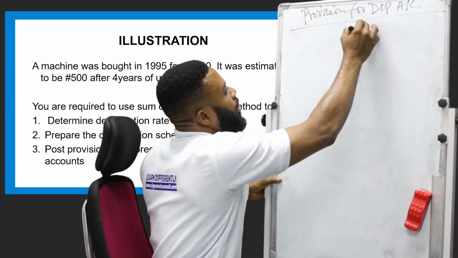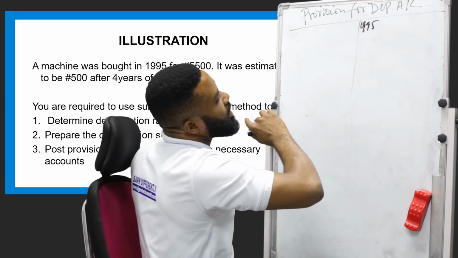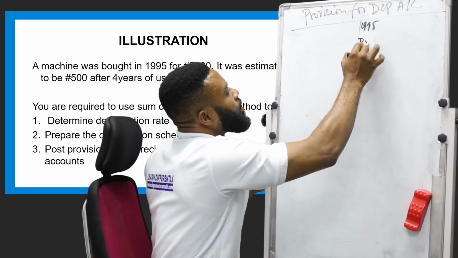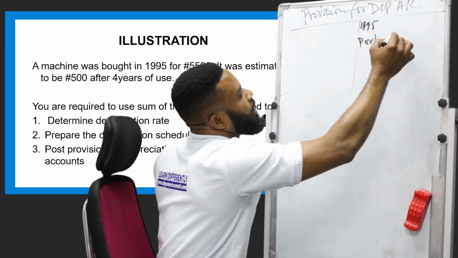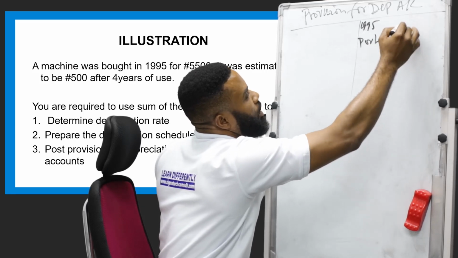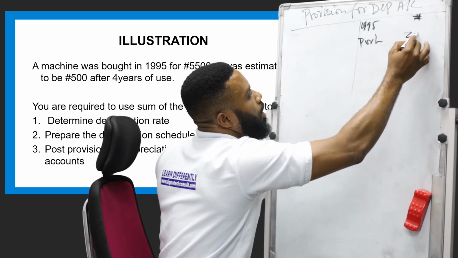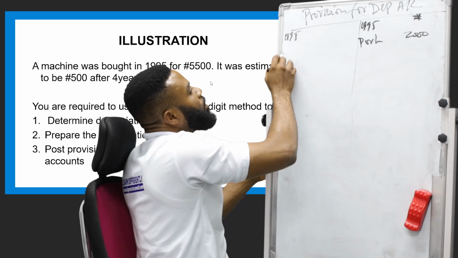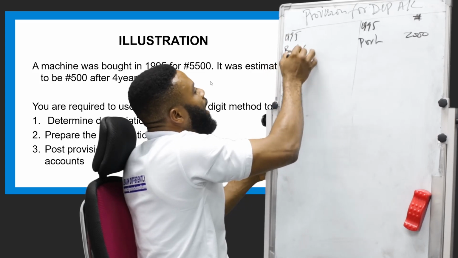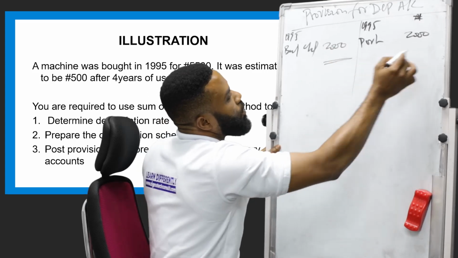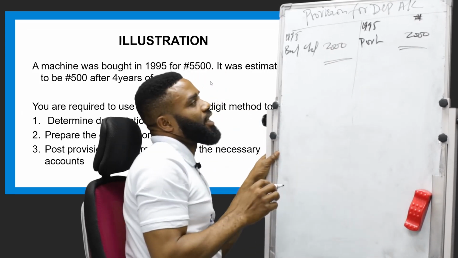Now you have your 1995 here, and then your profit or loss for the first year is 2,000. And then you come here, 1995, you have balance carried down, 2,000. So that will be for 1995.